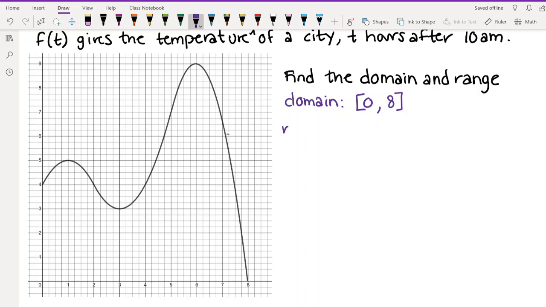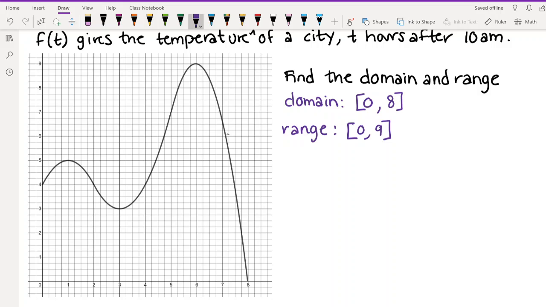All right, what about the range? Well, if we look from the bottom to the top and see what the different y values are, the smallest y value that's included is 0, and the biggest y value that's included is 9. And the graph does touch a height of 9, so we are going to include that.